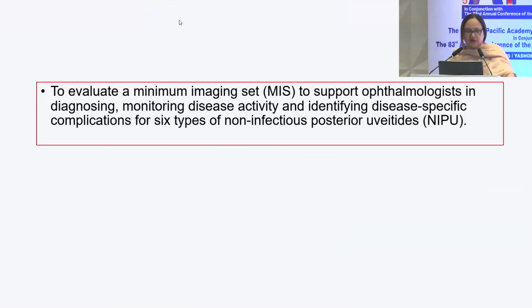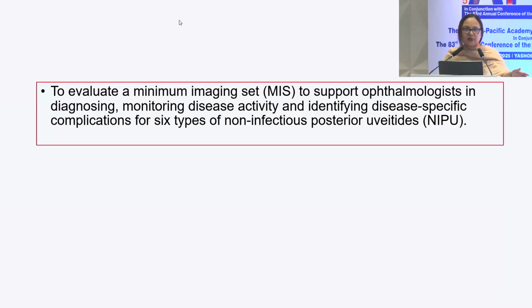So I shall be talking about minimal imaging set. And for those of you wondering what is minimal imaging set, it's like how everybody doesn't need every lab. Similarly, every patient of uveitis does not need everything in imaging or multimodal imaging.